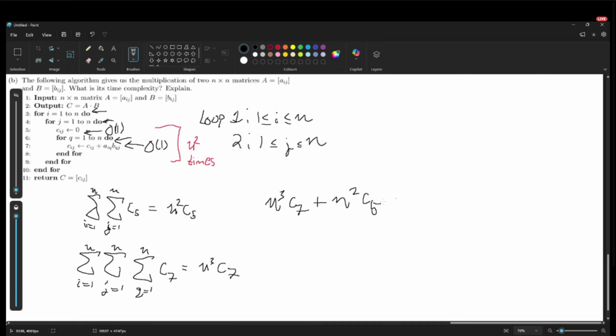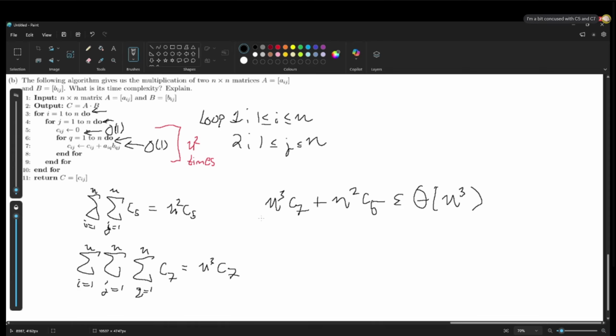Well, we know exactly what complexity this is, because this is exactly big theta of n cubed. So that is the time complexity for this algorithm.